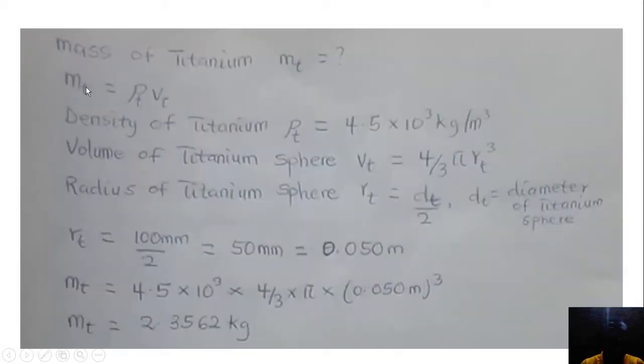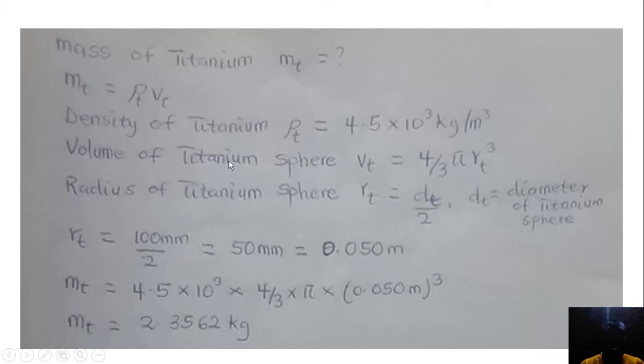Now you do the same thing for the mass of titanium. You know the mass of titanium to be the density of titanium times the volume of titanium. The density of titanium, we know it to be 4.5 times 10 exponent 3 kilogram per cubic meter.